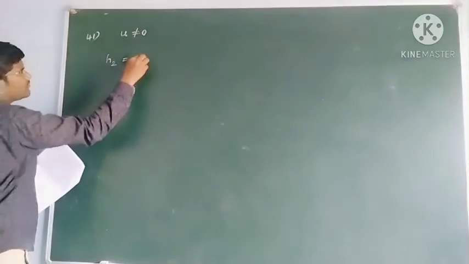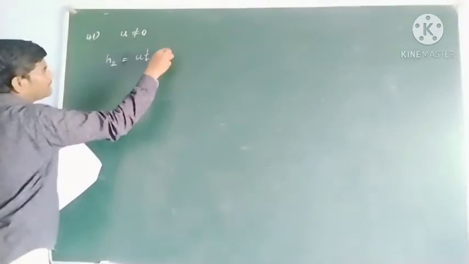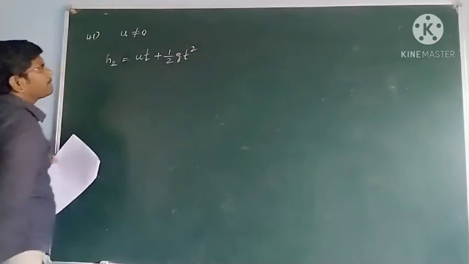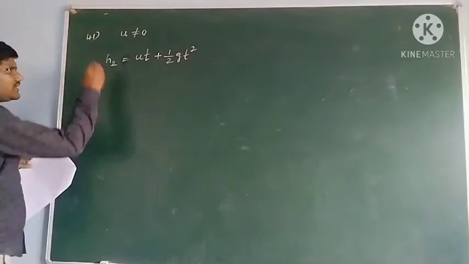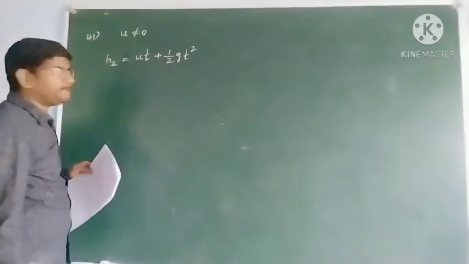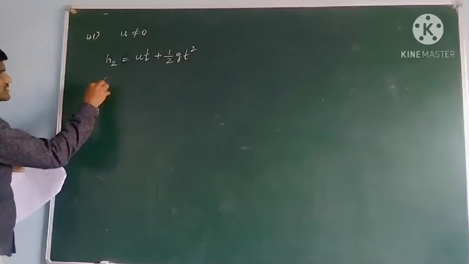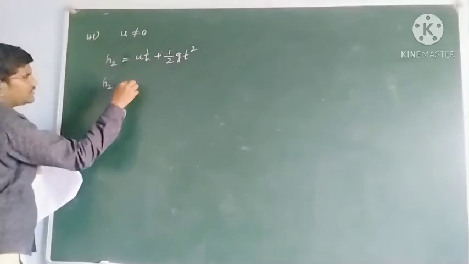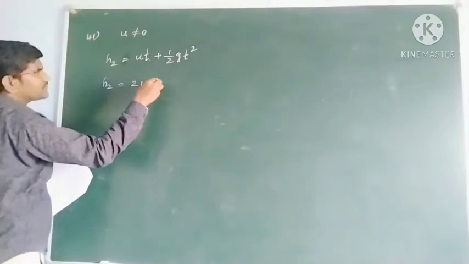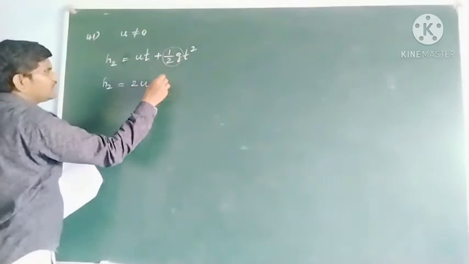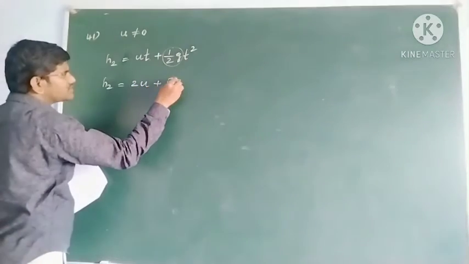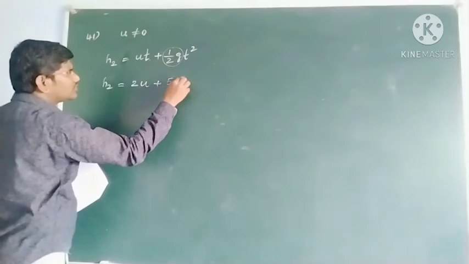So that is equal to ut plus half g t square. This distance is the height h2, for 2 seconds I want to write it. I'll get 2u plus half g, I'm taking 5, into t square, so 2 square.